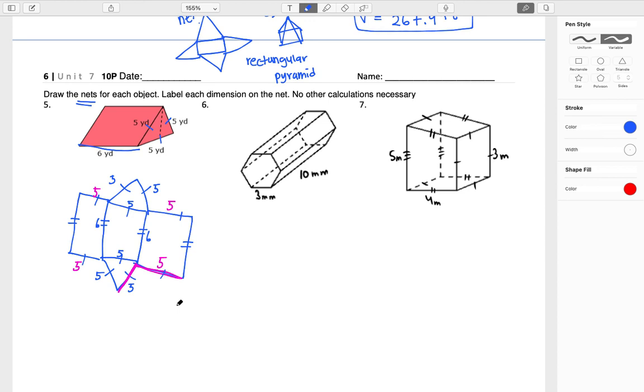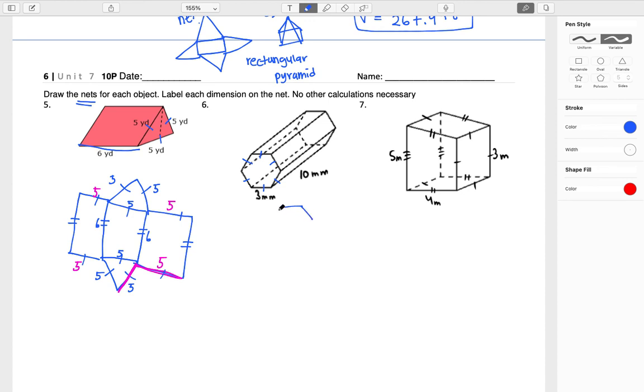Okay. And then let's try number 6. So we have, what kind of base is this? So we have 1, 2, 3, 4, 5, 6. So we have 6 sides, and we call that a hexagon. So we have a hexagonal prism. So therefore, the base is a hexagon.